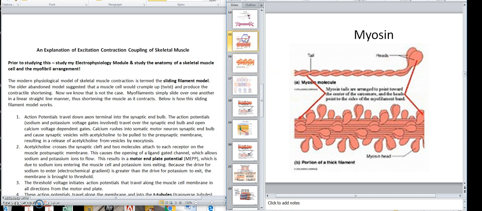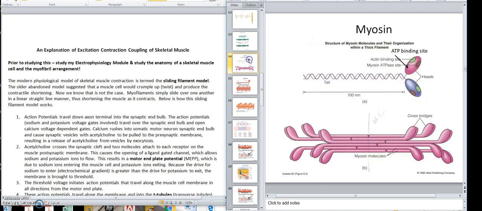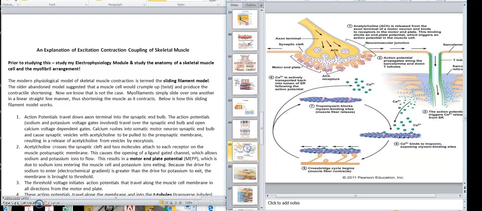Remember, on the myosin head you also had actin binding sites. When that occurs, myosin can bind to actin because the ribbon has been removed, and then the cross bridges flip back and pull it in. So that's essentially the steps in a nutshell.